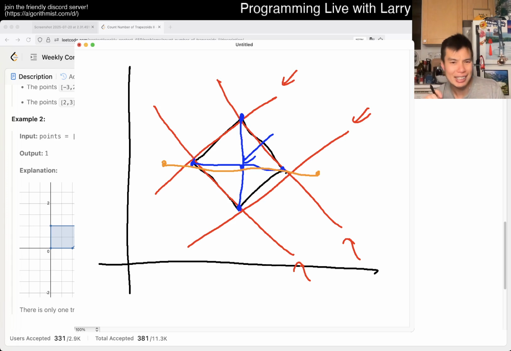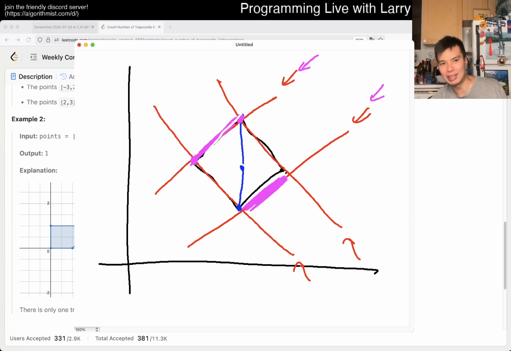The way that I did it was actually a little bit different because I didn't think of points like this. The way that I did it with my code is, let me choose another color, given these 2 points, I hash the distance between them, right? If I hash the distance between them, that means that if I go this line and this line, if the other lines have the same distance, we just count the number of things that have the same distance.